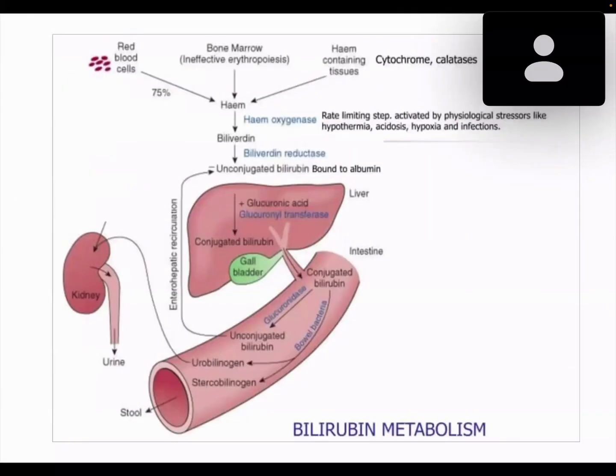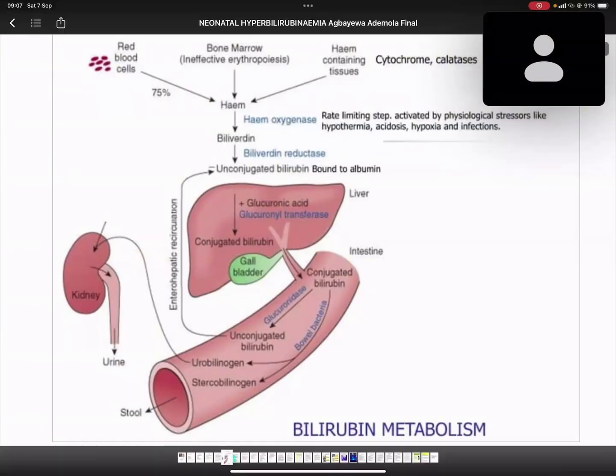Now, this is a picture that just explains how bilirubin, which is the major component of jaundice, is gotten. Like I said, it's gotten from the red blood cell, which makes up 75% of the components of bilirubin.